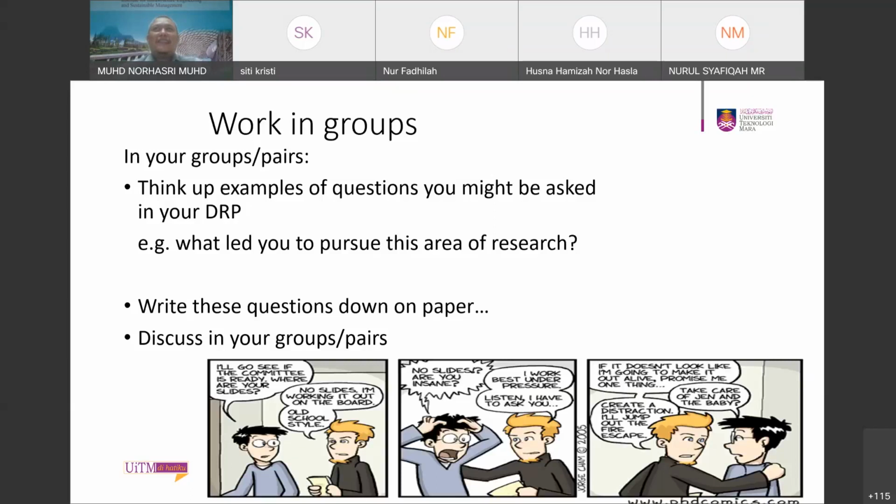Express the problem, share with your friends. Don't hide it in yourself, because you will put tension on yourself also. Please share with your friends or people inside your team or in your research.